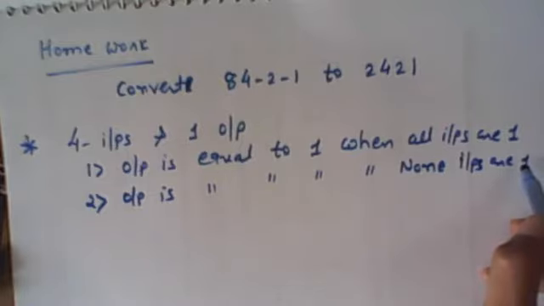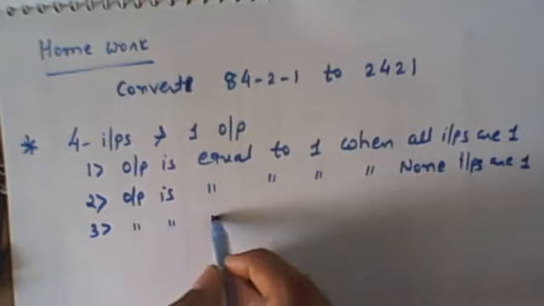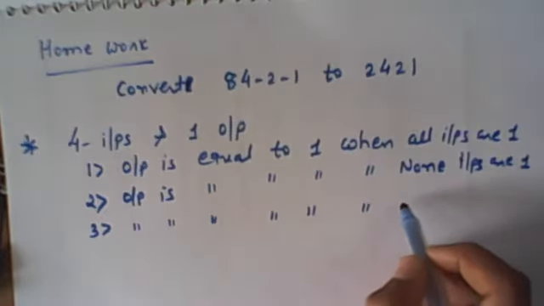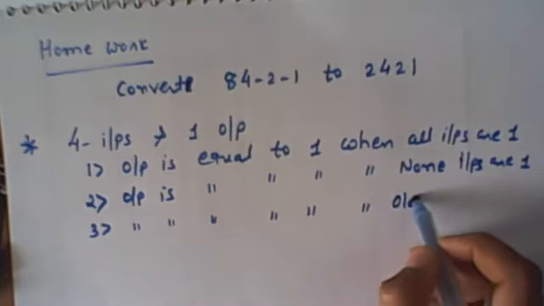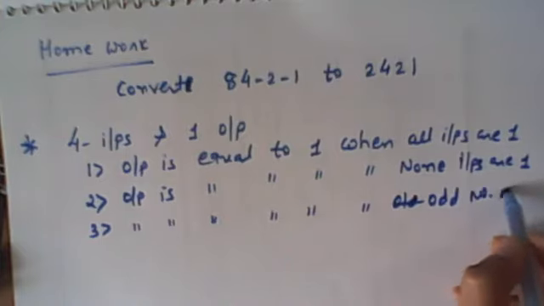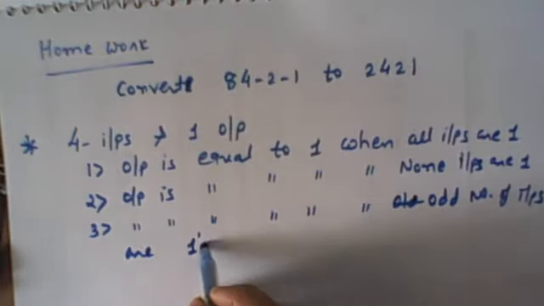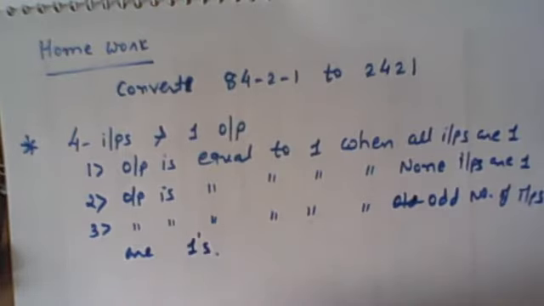And third, the output is equal to 1 when an odd number of inputs are ones.